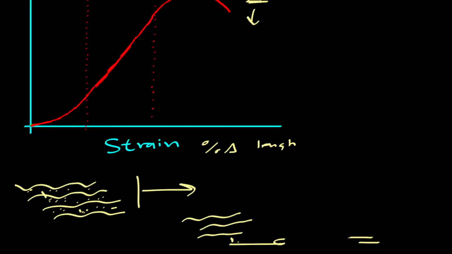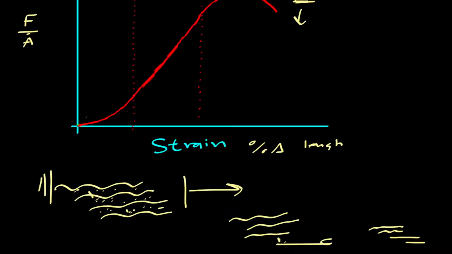The first one is getting taut, the second one's getting taut, and then you start pulling on the third one. And then the third one uncrimps and then starts pulling on the fourth one. So that is essentially why this is like the stiffness of one fiber, and then of two, and of three, and of four. And of course, really, inside a tendon, we're talking about thousands, not four. But that's why you get this very distinctive toe region.